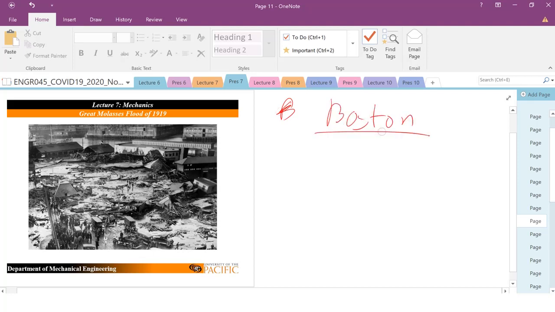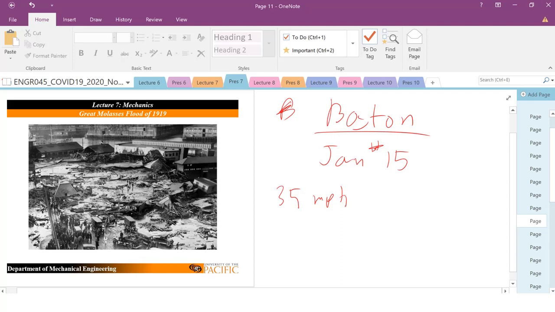This occurred on January 15th. The containers and the tanks that they were storing molasses in exploded. This whole flood of molasses ran down the street at 35 miles per hour.